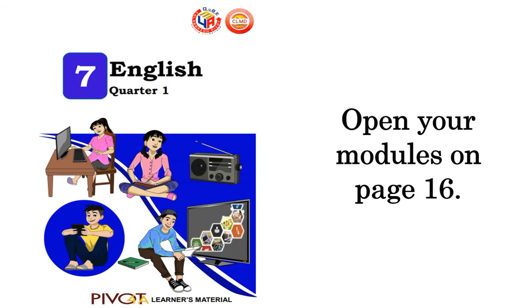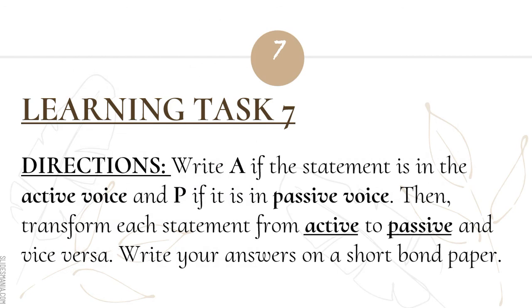Right? After that, you have to open your modules on page 16 and write A if the statement is in the active voice. This is your learning task number 7. And P if it is in passive voice. Then, transform each statement from active to passive and vice versa.